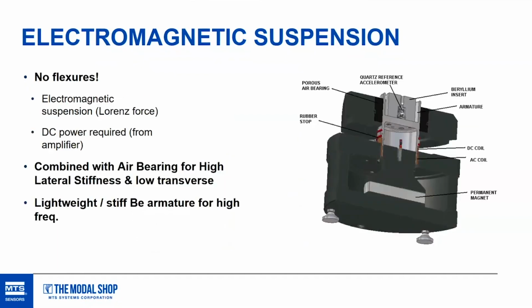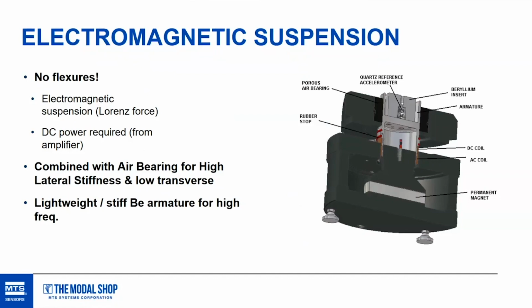So instead of having flexures, we added an additional coil to the armature, and that coil is powered by a DC field supply, and I can control that DC voltage to basically counteract the mass and the weight and the payload of different types of sensors that I'm calibrating. So if you have a heavier sensor, you apply a little bit more DC on that current. So you can basically control the middle position of the shaker armature, and that helps with the calibration application.